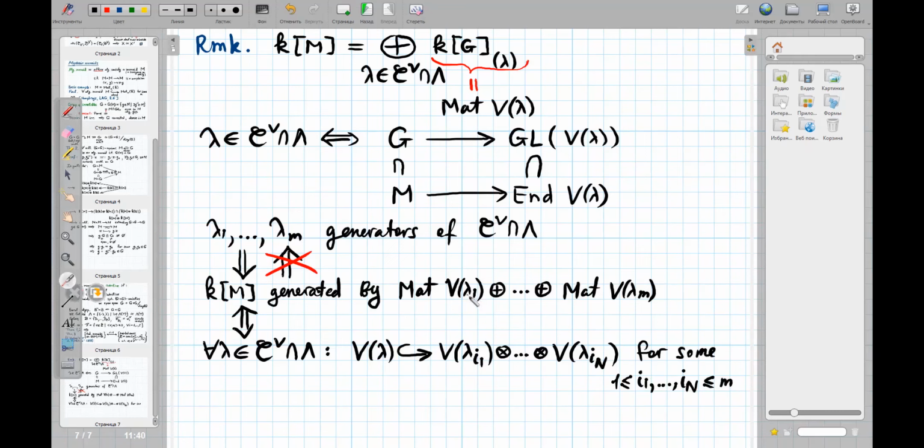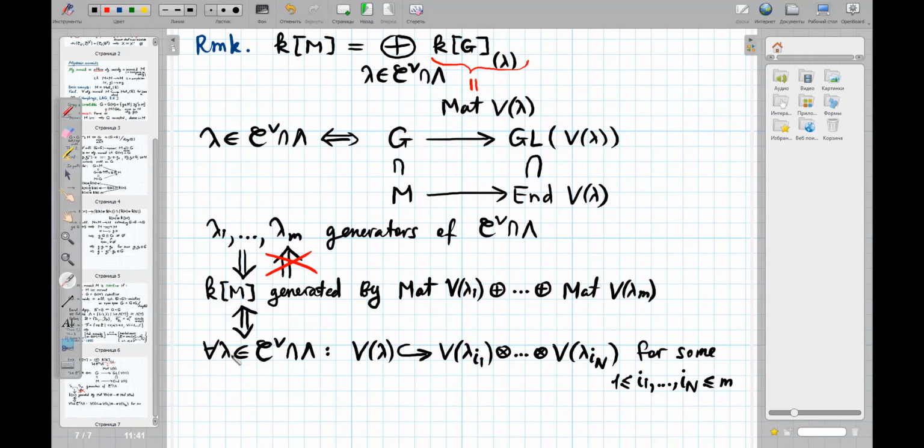This is because we know how the spaces of matrix entries multiply. If you multiply one space of matrix entries with another one, then you get the direct sum of all spaces of matrix entries corresponding to the irreducible summands of the tensor product of one irreducible submodule with another one. And the coordinate algebra is generated by this subspace if and only if, when we multiply this space with itself many times, we get the whole coordinate algebra.